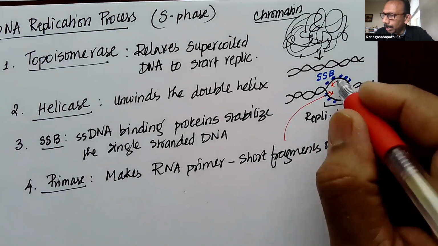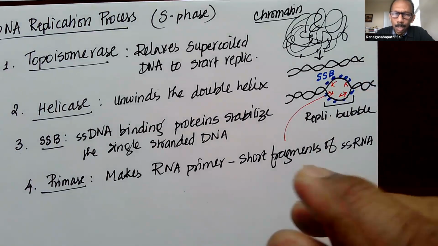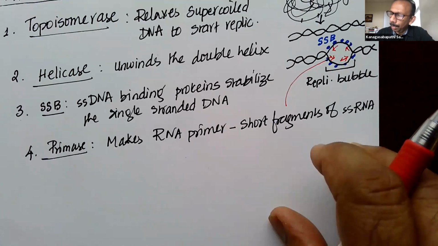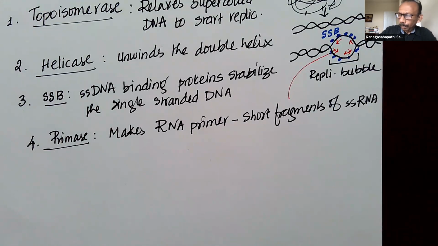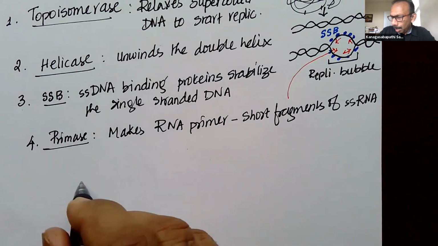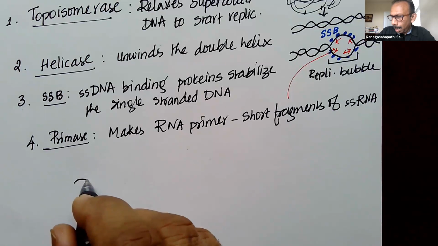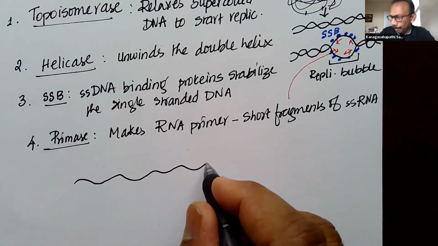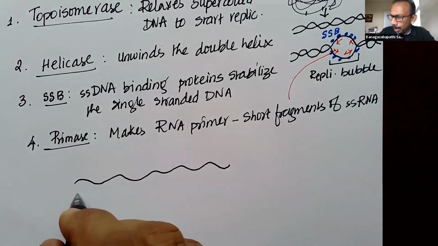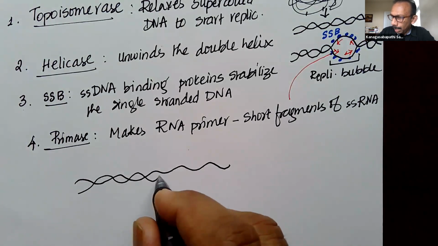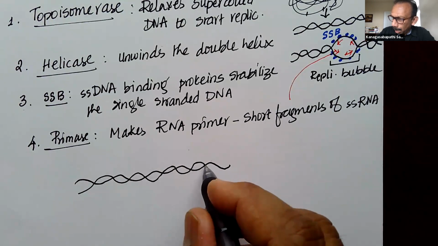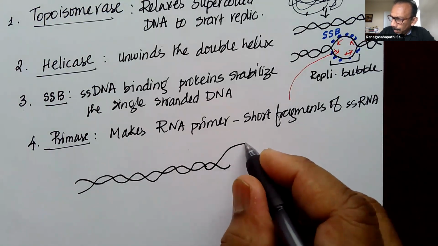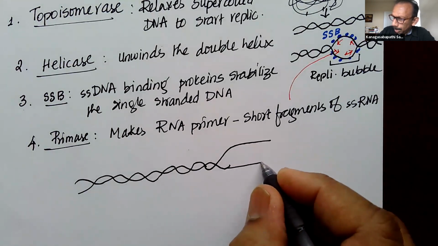Okay, so you can see those short fragments, and I'm going to make this diagram bigger, so you understand. Okay. So the DNA that is the template opens up like this, and so I'm going to continue like that.